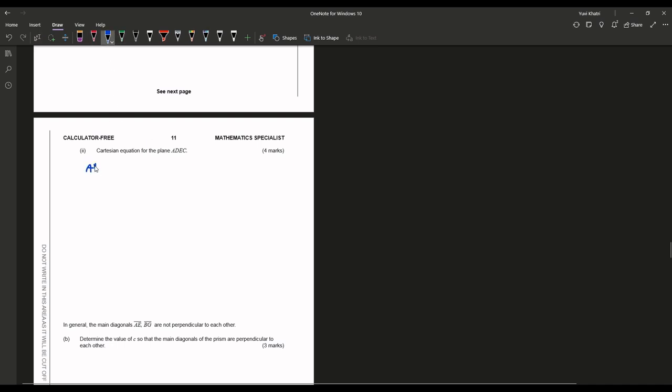So let's do that. AD cross AC is (0, 4, 0) cross (-4, 0, c). You can use your formula sheet for this, but you should get the normal vector (4c, 0, 16).